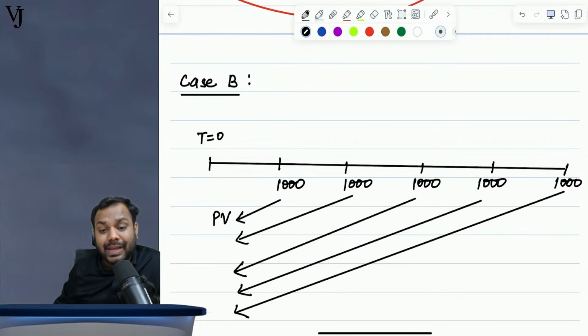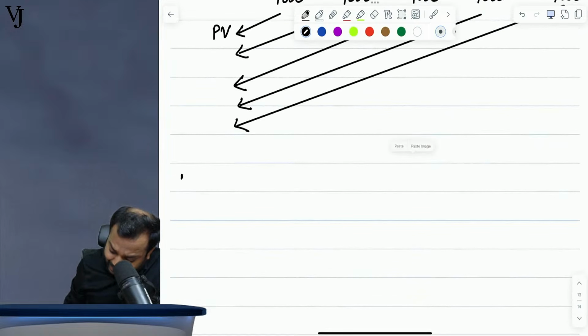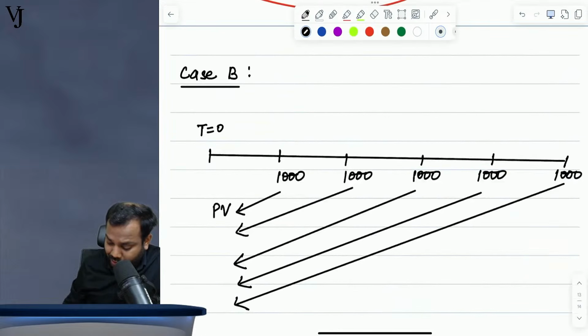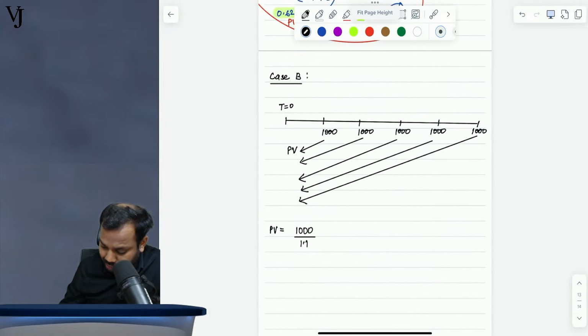So applying the same above principle, can I say present value is equals to 1,000 divided by 1.1 for this one.